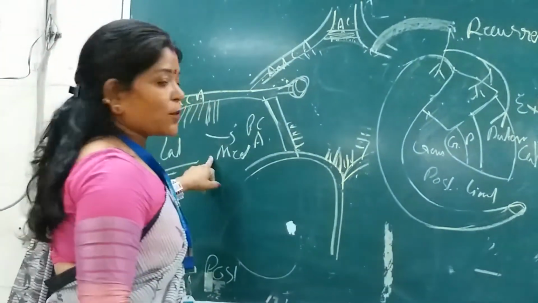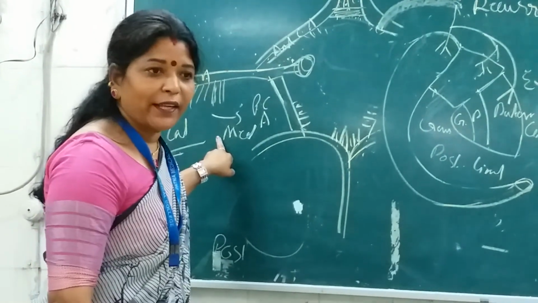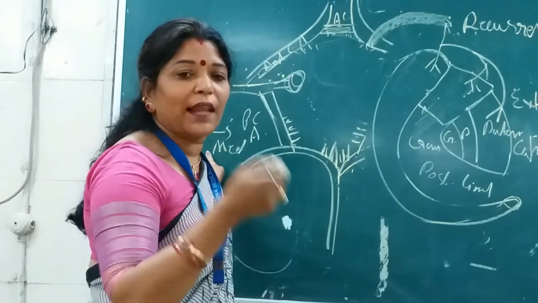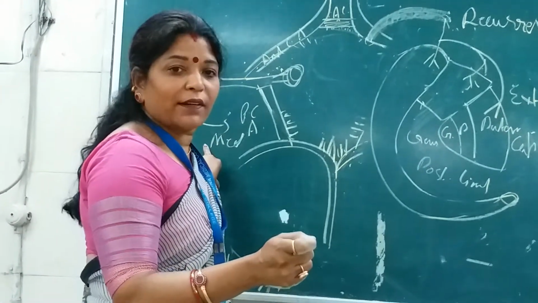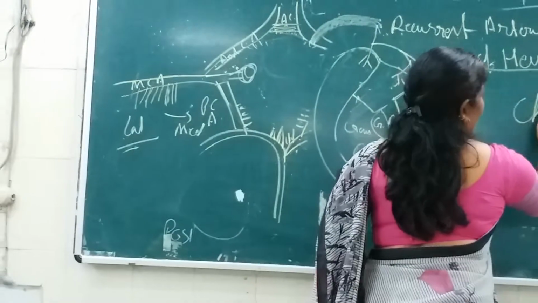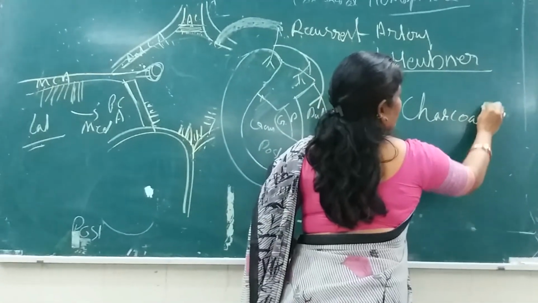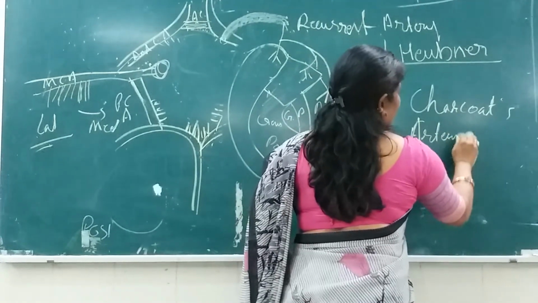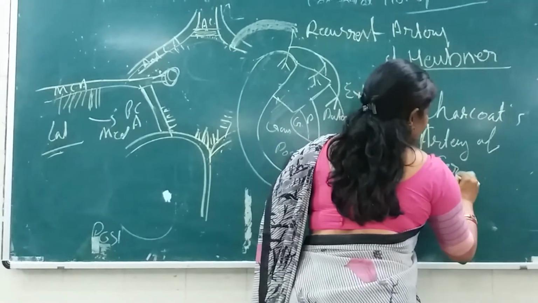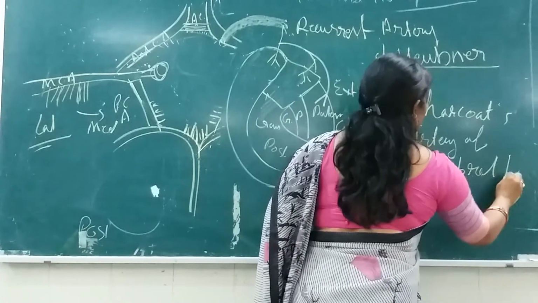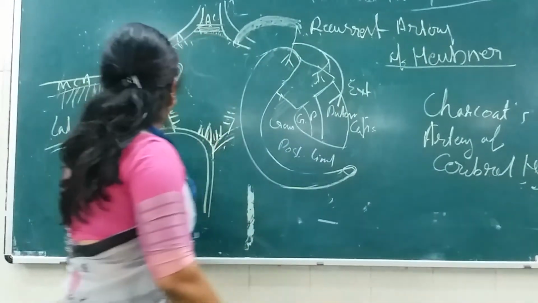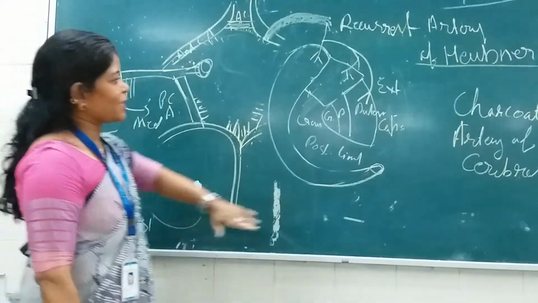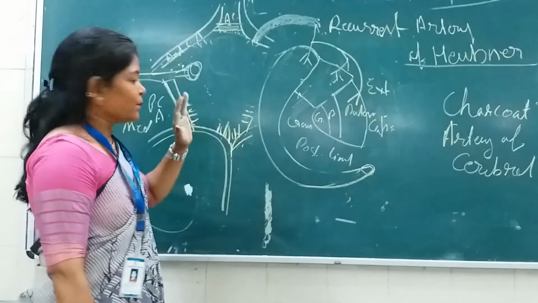I am going to explain a very important artery. Listen carefully. That is known as the artery of cerebral hemorrhage, or Charcot's artery. Now, how will this anterolateral group supply these deeper structures here?